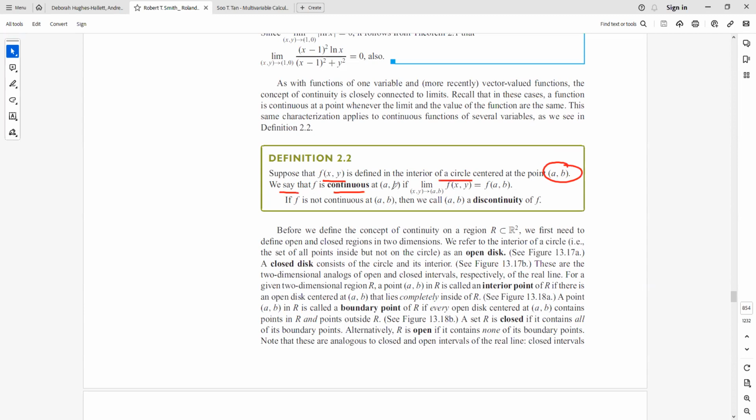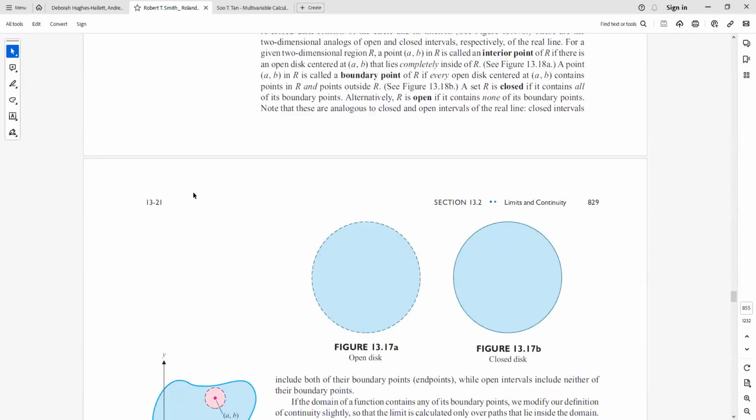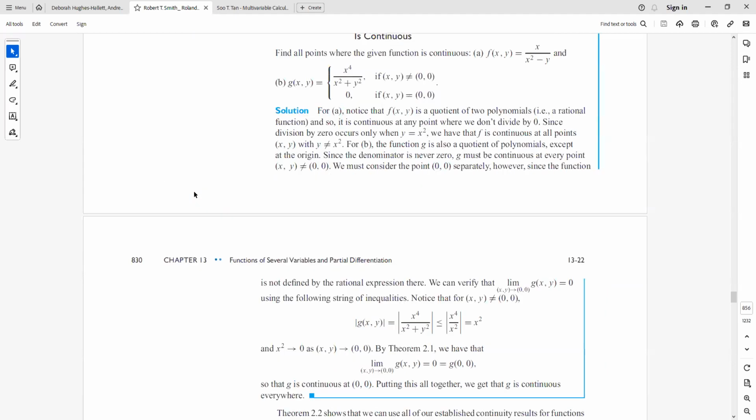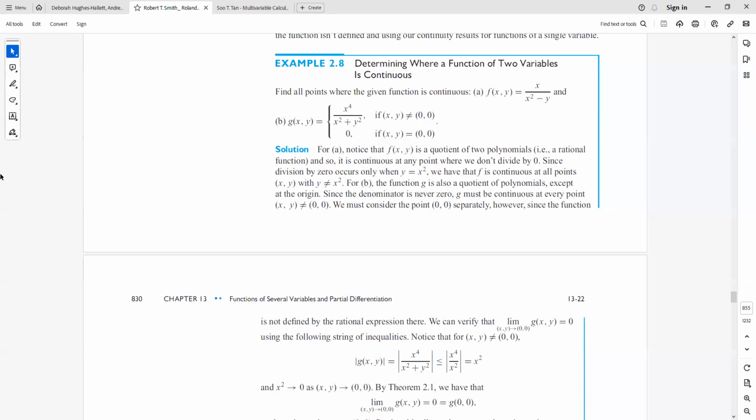We say that f is continuous at a, b, that is the center point, if the limit value equals the value of the function at that point, right? That is what we have just shown for this function, g of x comma y. So this is how we show the existence of limits, and then we can proceed further to show whether a function is continuous or not.